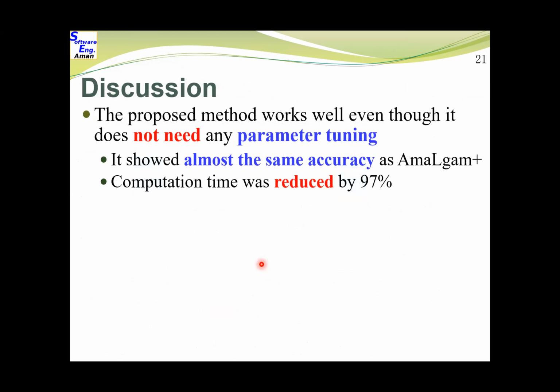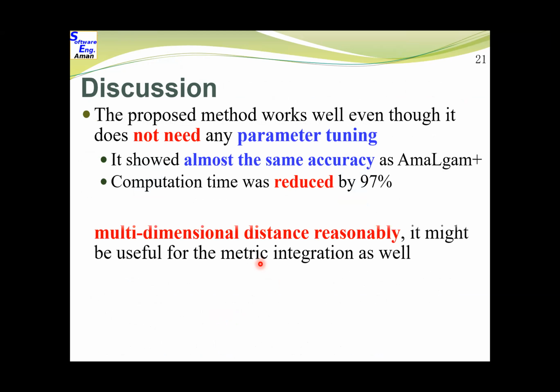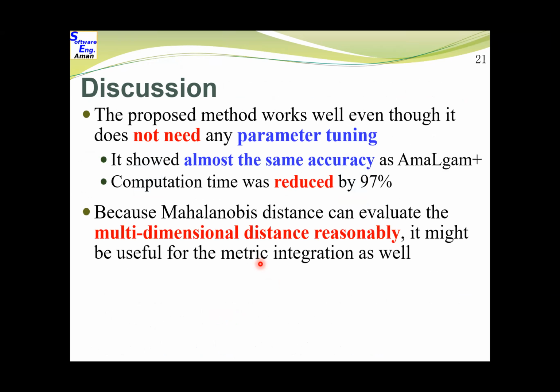So I will discuss the results. The proposed method works well, even though it does not need any parameter tuning. It showed almost the same accuracy as amalgam plus, and the computation time was reduced by 97%. Because the Mahalanobis distance can evaluate multidimensional distance reasonably, it might be useful for metric integration as well.